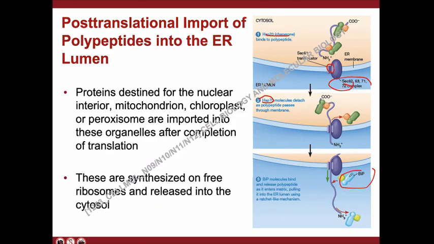It recruits the BiP to the end of the polypeptide, and the BiP pulls the polypeptide into the lumen. Once the BiP molecules bind and release the polypeptide as it enters, it pulls it into the ER lumen using a ratchet-like mechanism.